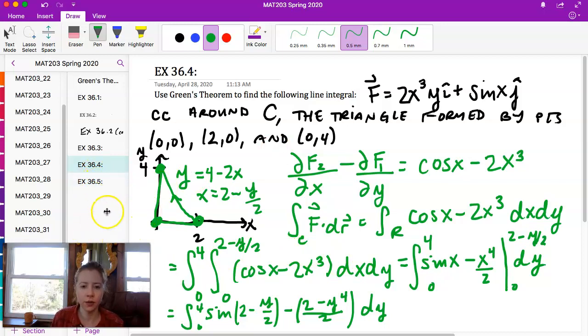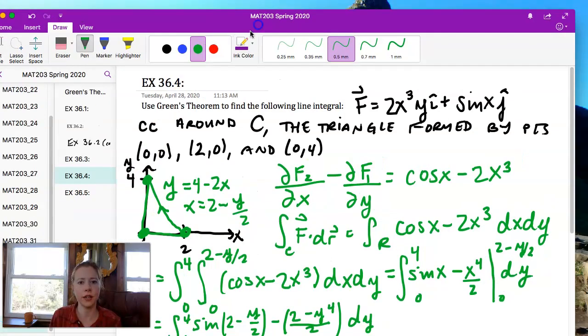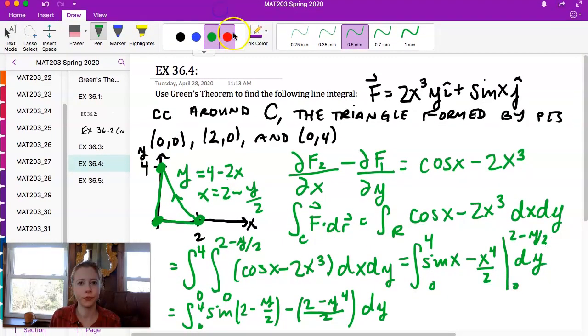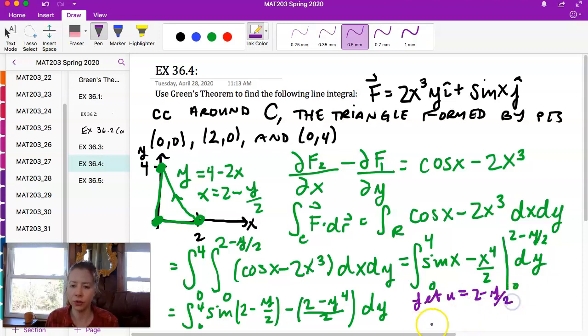All right, so let's open up a new sheet to do that. Actually, I'll write it down here. So we're going to let u equal 2 minus y over 2, and du is going to be minus 1/2 dy. All right, so now let's keep going in a new sheet.